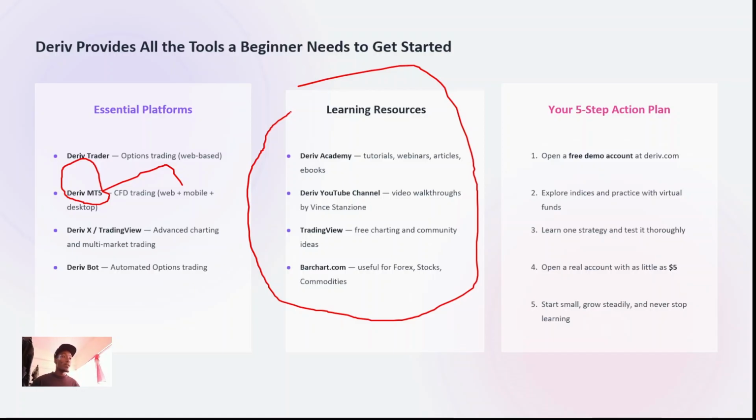Number 3, learn one strategy and test it thoroughly. I can also not emphasize this enough. You can learn one strategy, test it thoroughly, and it is going to pay you for the rest of the year. It is only possible if you focus on one or two pairs.